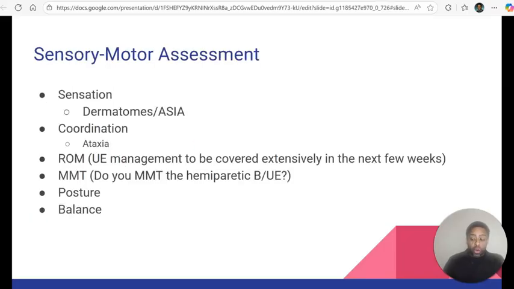All right, so now we're going to transition into sensory motor assessment. When we look at sensory capacities after a spinal cord injury, one of the things that we'll be looking at is a dermatome assessment. A dermatome assessment is a sensory test used to determine how well the spinal nerve roots are functioning.